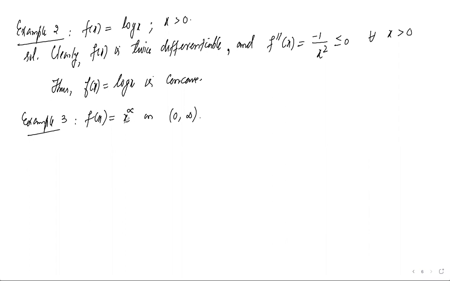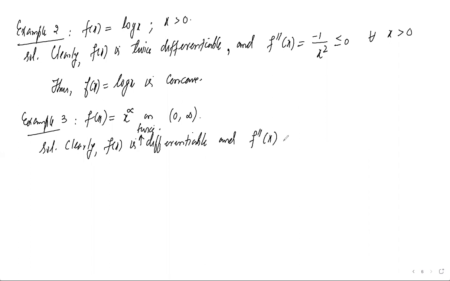So in fact, these are the powers of x. So therefore, this function is also clearly differentiable. So in the solution, clearly, f of x is differentiable. Now let's take the second derivative, and f double dash of x is equal to alpha into alpha minus 1 into x power alpha minus 2.